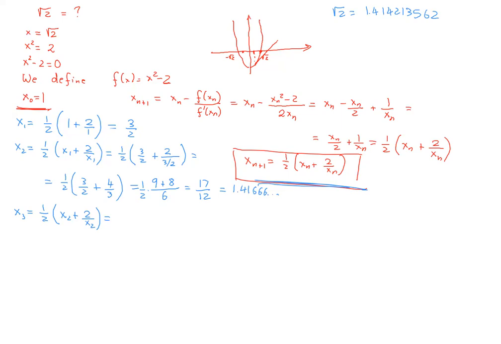So we will have 1/2, and then it's x2, which is 17 over 12, plus 2 over 17 over 12, which is going to be 1/2 (17 over 12 plus 24 over 17).